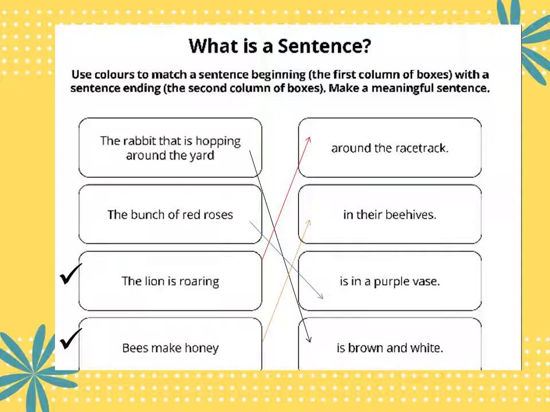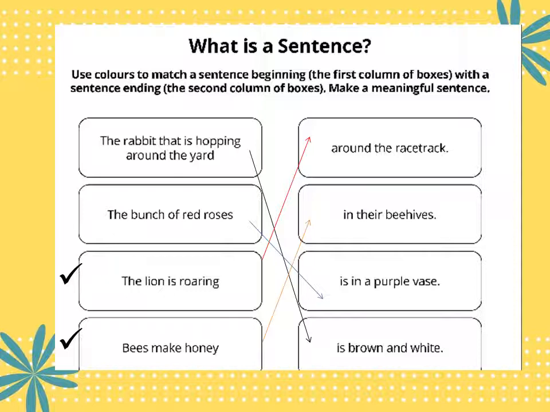Yeah, so those are examples of sentences. The rabbit that is hopping around the yard is brown and white is a sentence. The bunch of red roses is in a purple face is a complete sentence. The lion is roaring around the racetrack is a complete sentence.